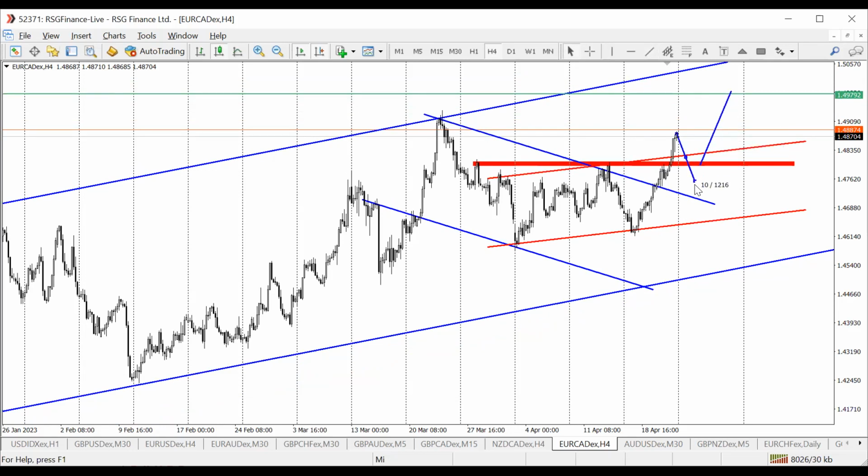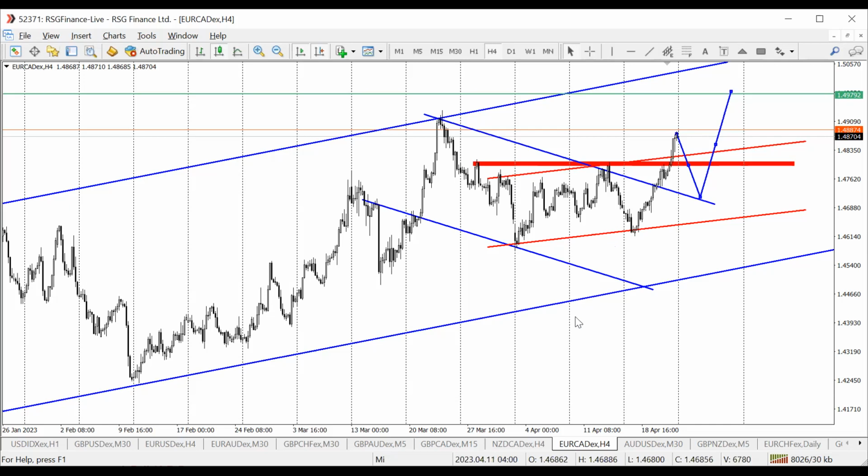Maybe we could see it make a really deep correction to this level before we see that rally up. So put all of this into perspective as you calculate your risk, to accommodate all of this pullback before we start seeing price rally up to our price target.